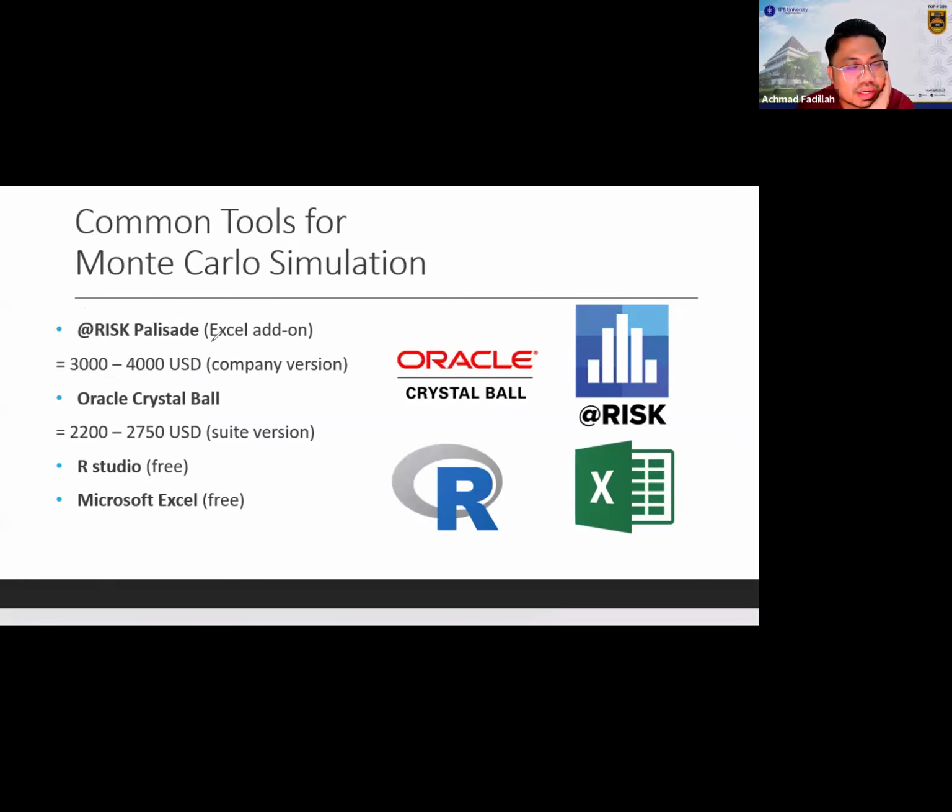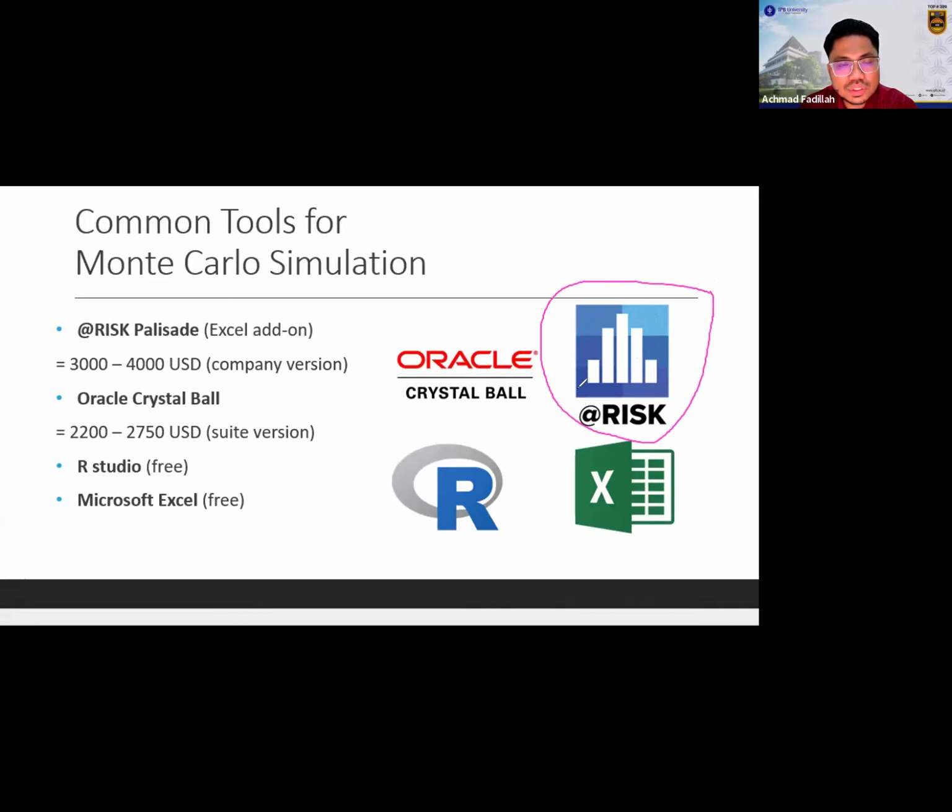You can use a very expensive one, like Palisade. Even during my PhD program, my department in Wageningen subscribed to this company, because we had very complex modeling with many iterations. Iteration means you can simulate just one time, or even 10,000 times, or even 1 million times.